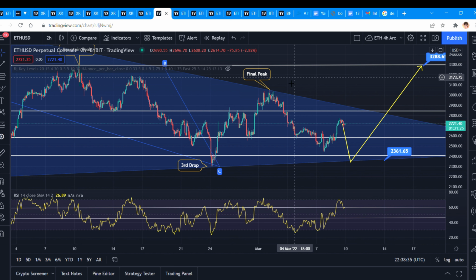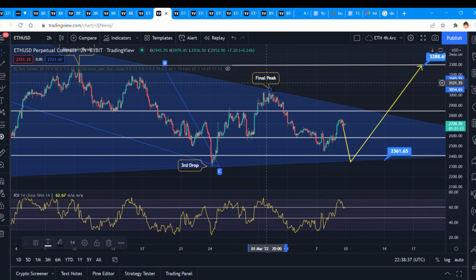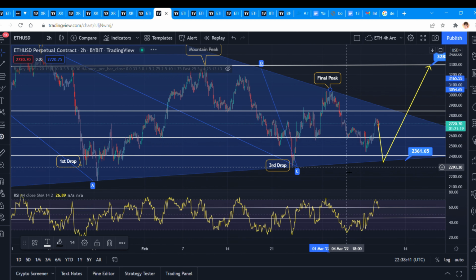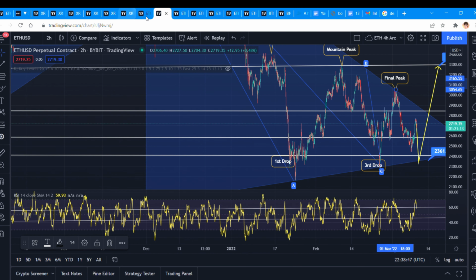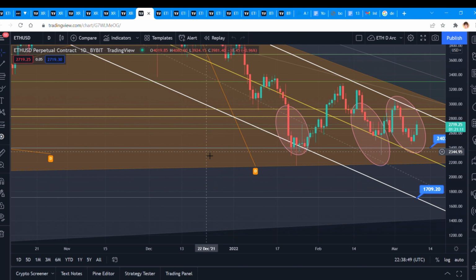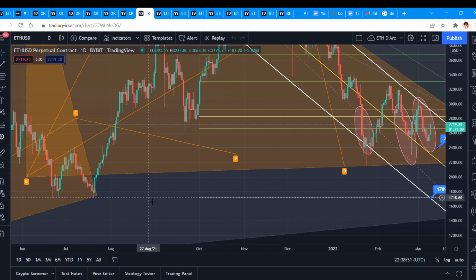And he's saying the same thing. We don't know if we're gonna come down again to the initial levels. And for Ethereum, the initial level is actually the level on the day, and that level on the day is 1700.